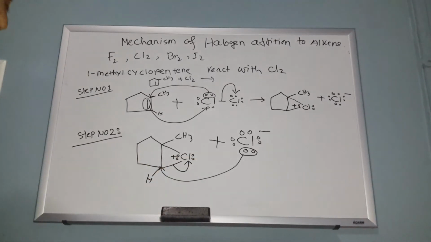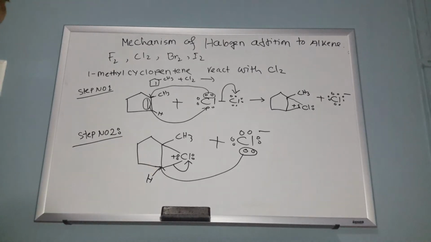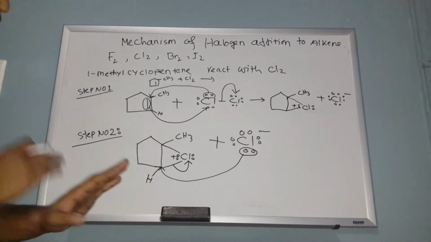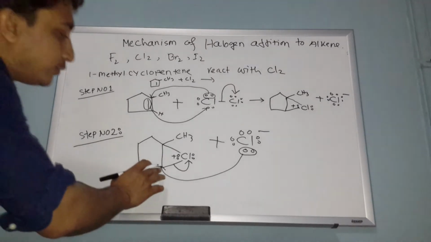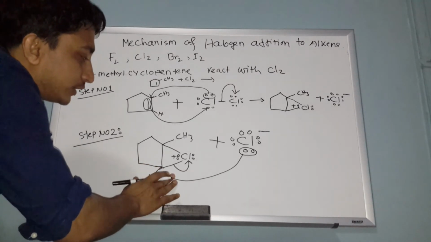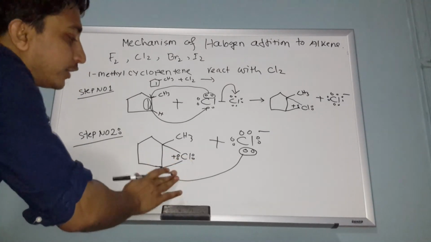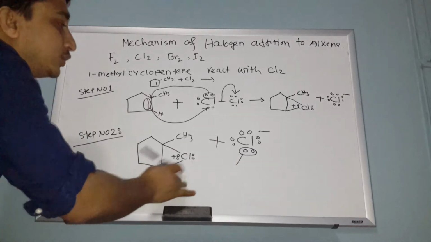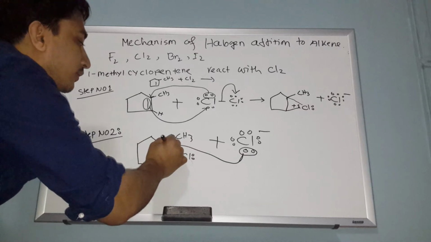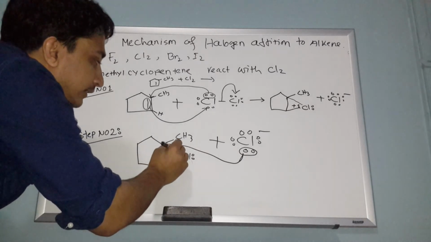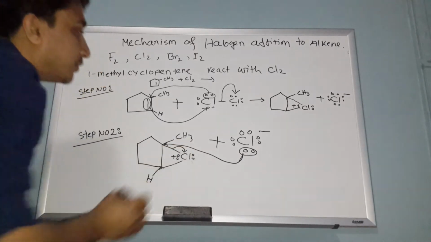When this bond breaks down, chlorine accepts two electrons, and the plus sign, the cation charge, automatically vanishes. You can also attack these two lone pairs over there, then this bond will break down.